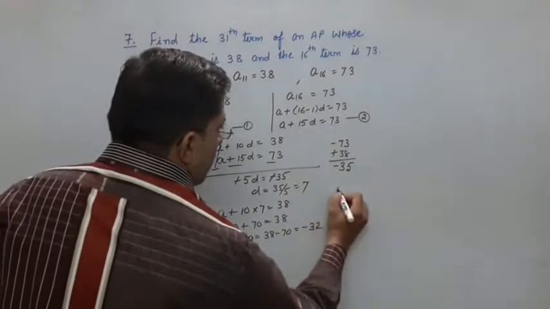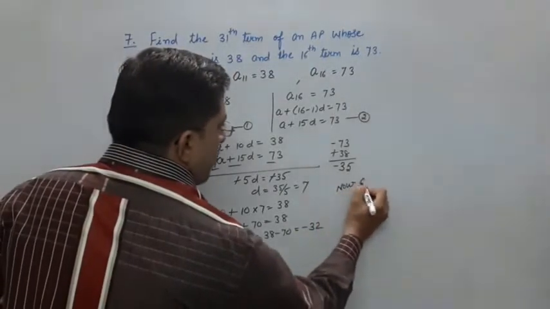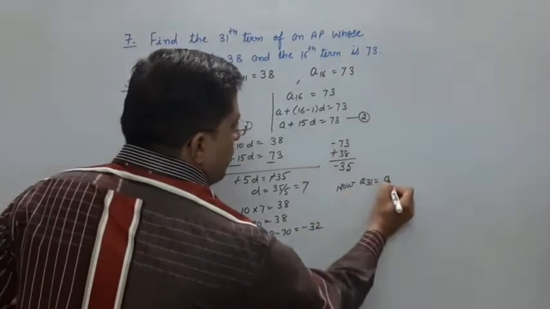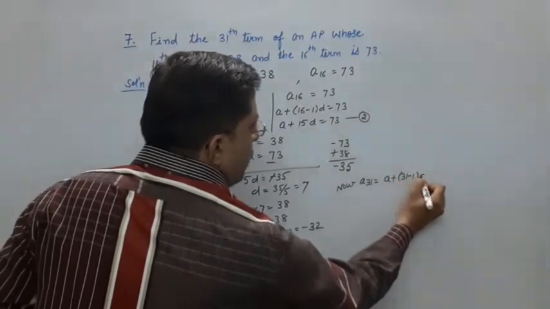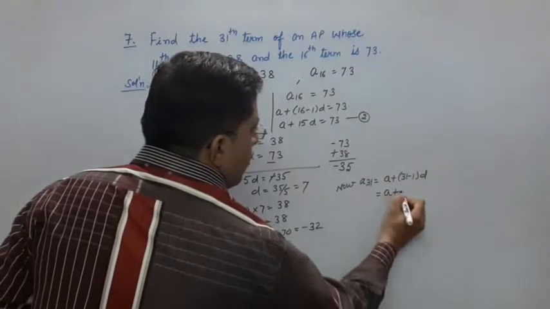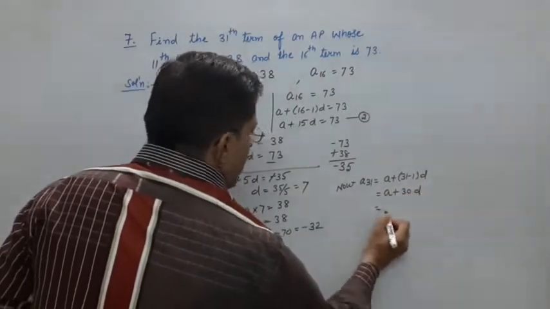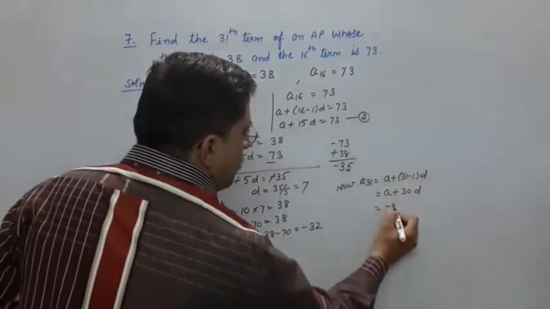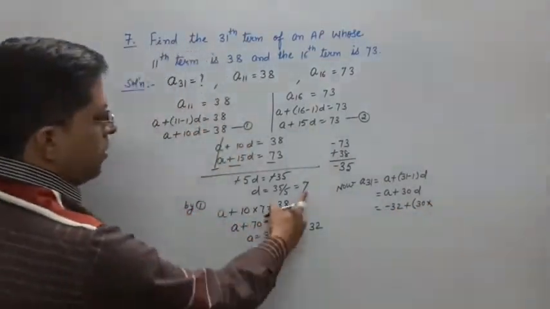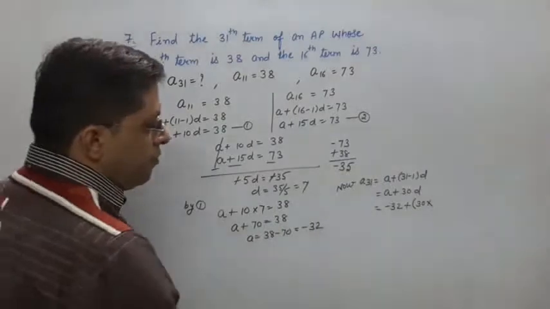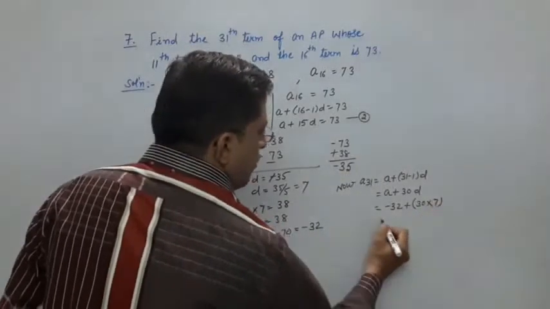A31. A31 means A plus (31 minus 1)D, that is A plus 30D. A is minus 32 plus 30 into D, and D is 7.